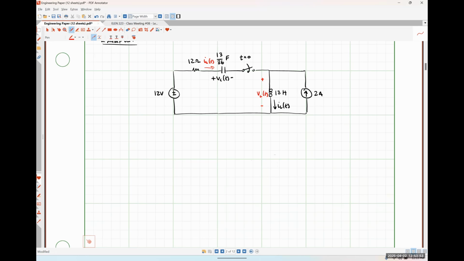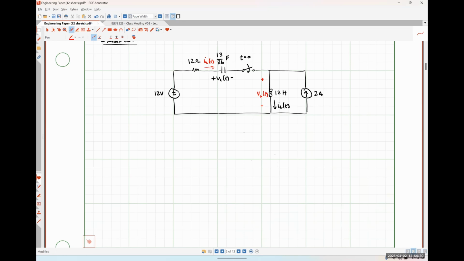We talked about this a little bit in our class last Friday, but essentially I'm going to have to use the voltage drop across the capacitor and the current flowing through the capacitor to set up a system of equations to fully understand what's going on with the capacitor. For the inductor, my Y equation is going to be the current flowing through the inductor, and then my derivative-based relationship is the voltage drop across the inductor, and I can use those two to set up a system, if necessary, to figure out what that current IL of t is going to be.